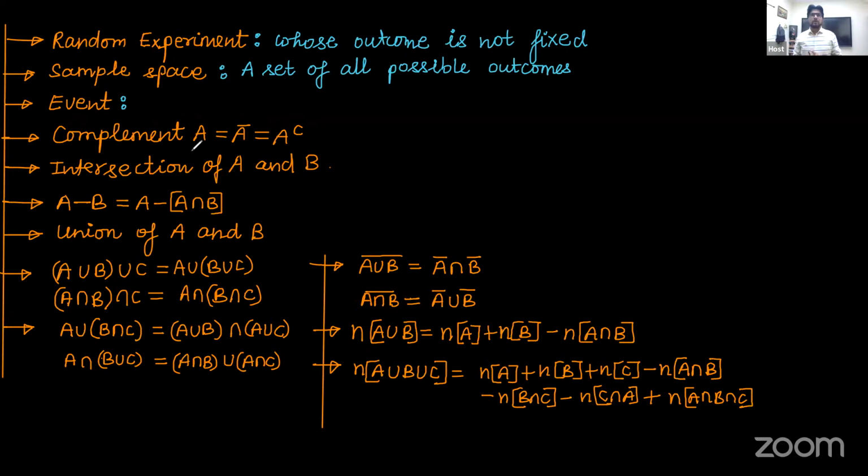You call one of your old friends, that is a random experiment. Why? Because he might answer your call, he might not answer your call. But what is the chance that your friend will talk to you for 5 minutes over that call? Now that is an event. That's a specific thing you are interested in. There are so many outcomes possible. He might answer your call, he might not.